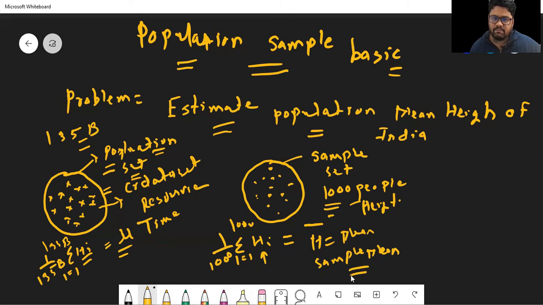This is a sample mean, and the sample mean is approximately equal to your population mean. Okay, approximately equal to, you will not get exactly equal, but it is approximately equal to the population mean.